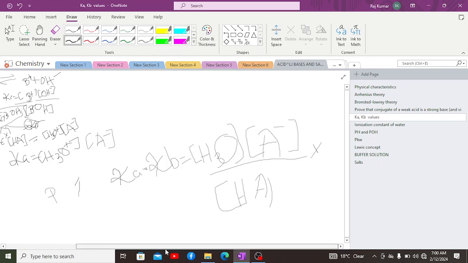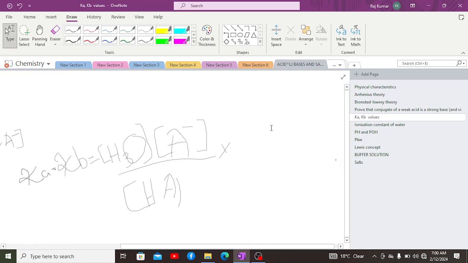Now, what is the value of Kb? Kb over here is OH into HA upon A, because we are going to resubstitute the equation, to which the answer will be a bit changed.